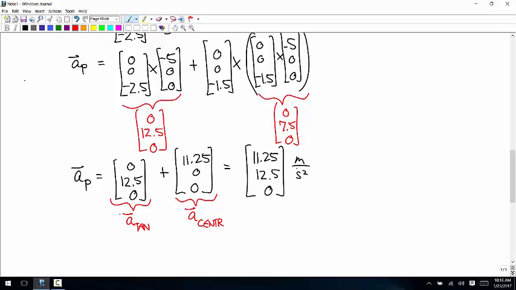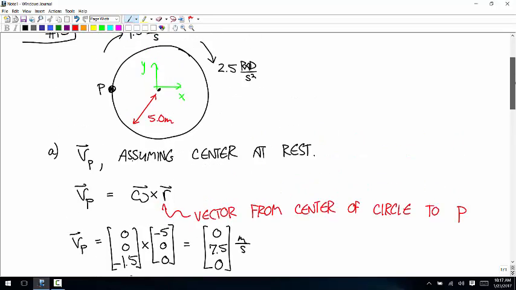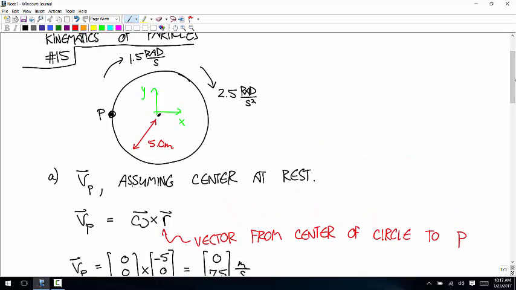So first, does it make sense that the tangential acceleration is in the positive y direction? Yeah, because the angular acceleration is this way. So the tangential acceleration has to be tangent to that circular path in the direction that makes sense with that angular acceleration.